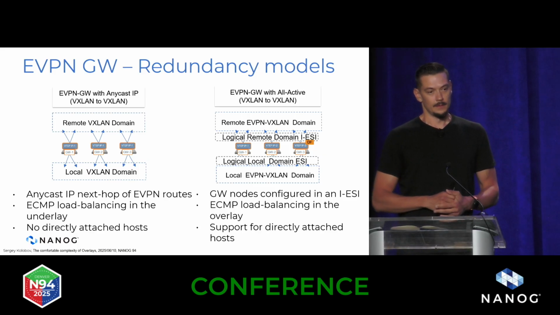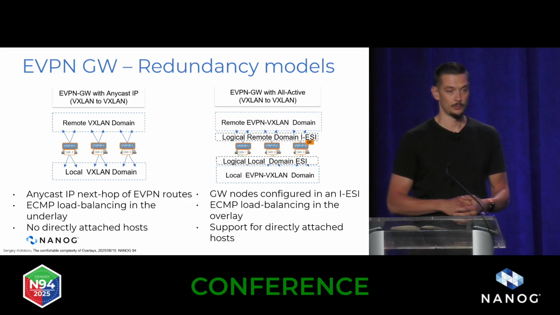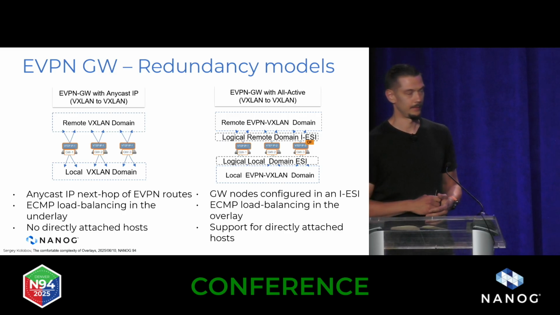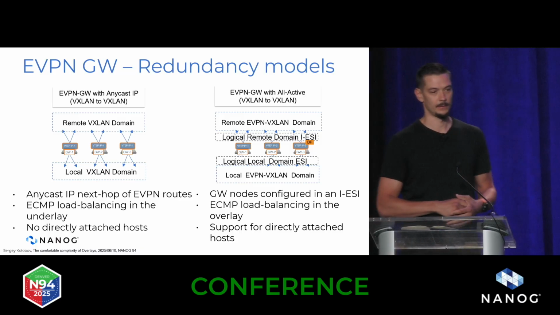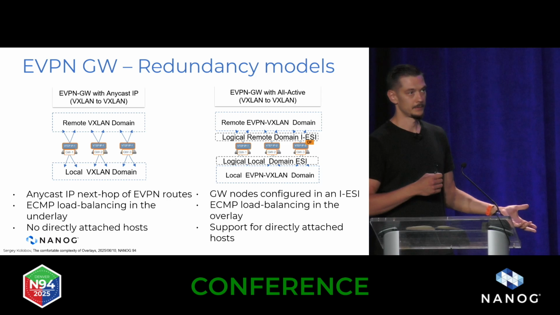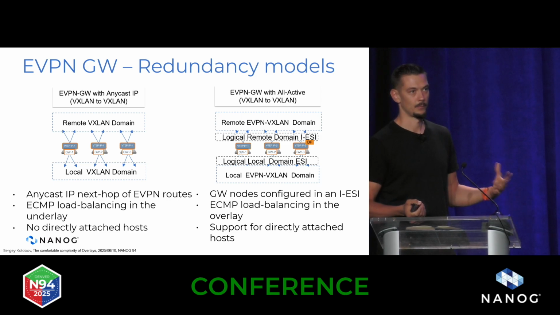Redundancy models in the gateway: besides vendor-specific implementations, we tend to have two other options, Anycast VTEP versus all-active. One of the previous presentations mentioned something about all-active current support. In my experience, I see the majority of use cases relying on Anycast VTEP, and there are pros and cons, and it's not about what's better.